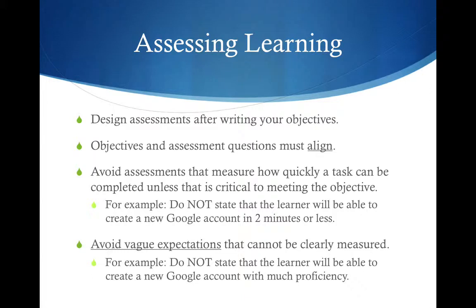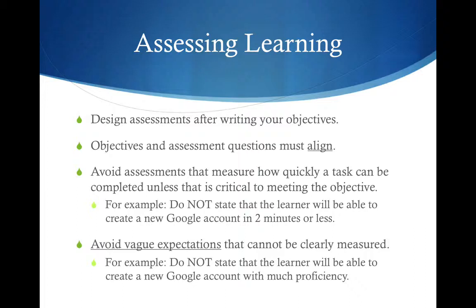So a very specific criteria for an objective would be to say they can create a Google account, but you don't want to say in 2 minutes or less, because there's a lot that can fall into that. Internet connection can be slow. So you may want to say create a Google account without input from the instructor. Okay, don't time them.